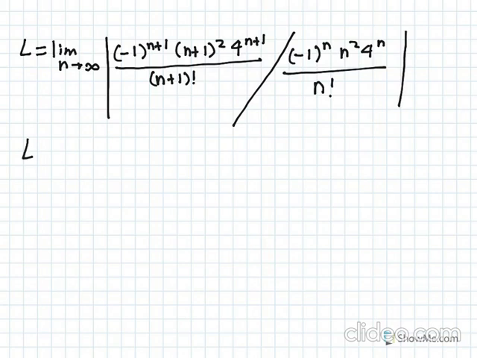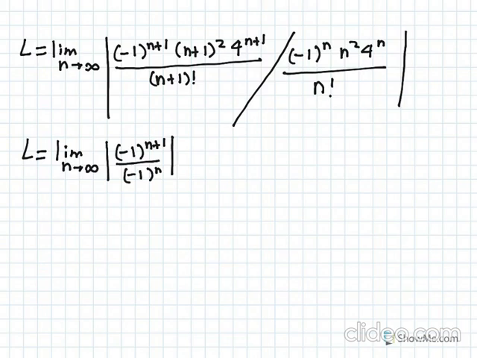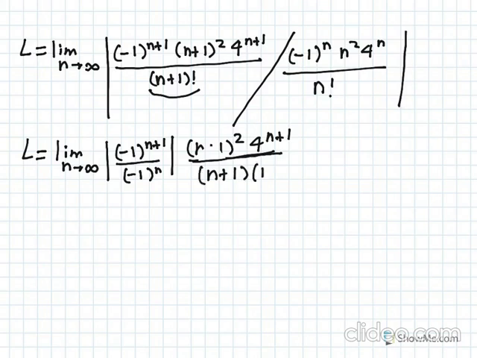So L is equal to the limit as n approaches infinity of the absolute value of negative 1 to the power of n plus 1 divided by negative 1 to the power of n, and we get n plus 1 squared, 4 to the power of n plus 1 from the numerator, divided by n plus 1 factorial. We will rewrite this as n plus 1 times n factorial.